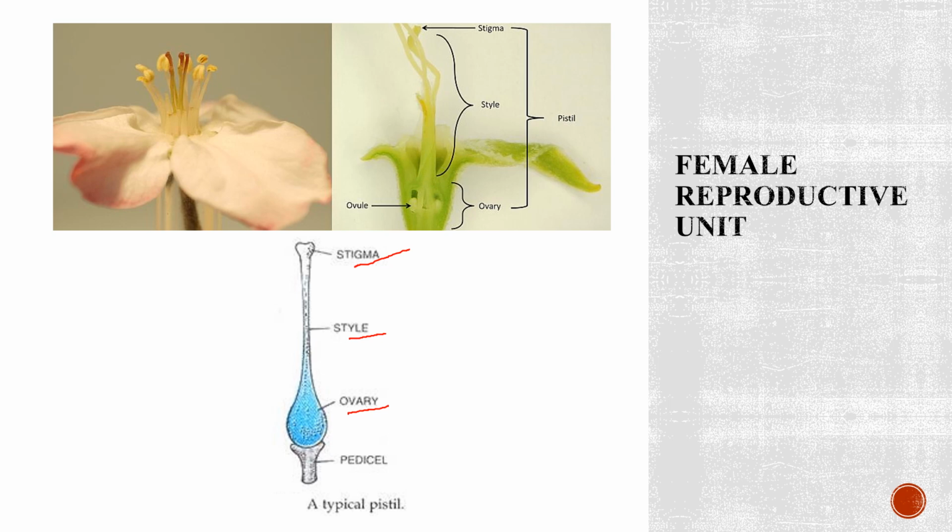The style is a long stalk-like structure, while the stigma is the upper region specialized as a landing platform for pollen grains. It is here in the stigma that the pollen grains mature and germinate and release the pollen tube, which grows into and reaches the ovule for fertilization.